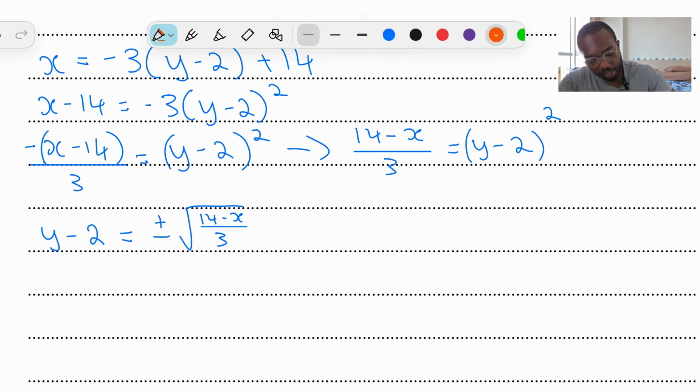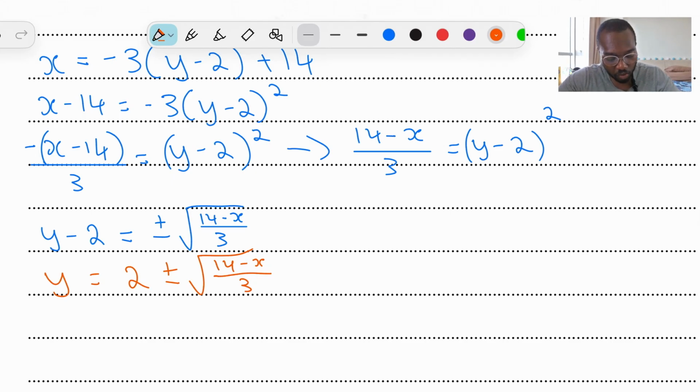Therefore, we have that y is equal to 2 plus or minus the square root of (14 minus x) over 3, okay? So now that we've got what the expression is, we're not actually done yet. You have to be really careful with these types of questions. They love putting these types of questions in where you get a plus or minus, but actually only one of those is the correct solution.